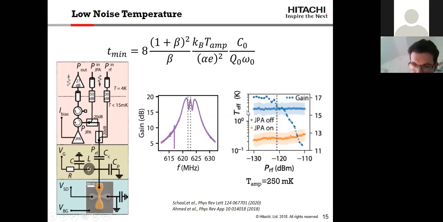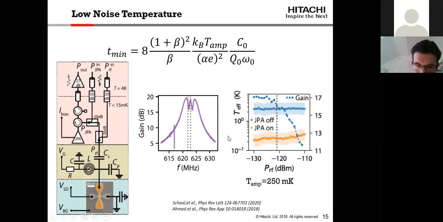And then we can see the effective noise temperature of the system in two particular configurations. One, when the Josephson amplifier is off, we have a noise temperature of the order of 2 Kelvin to 3 Kelvin.